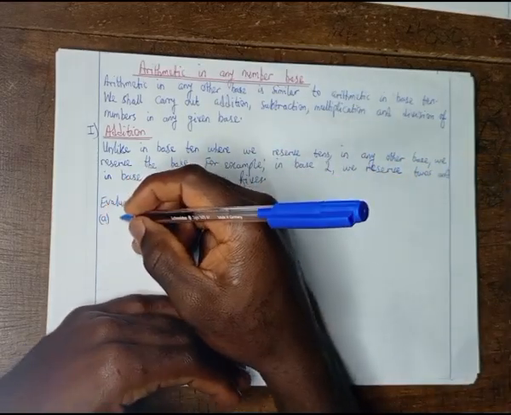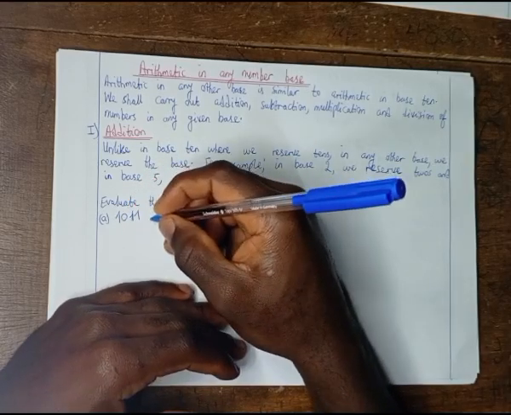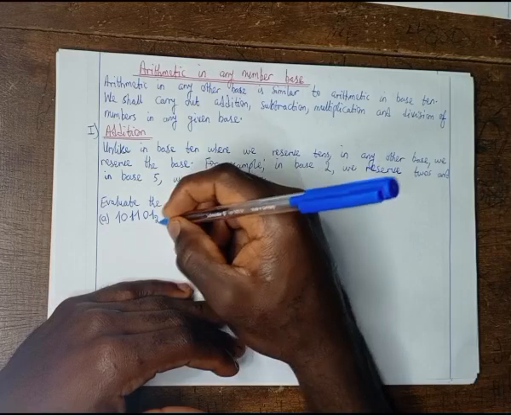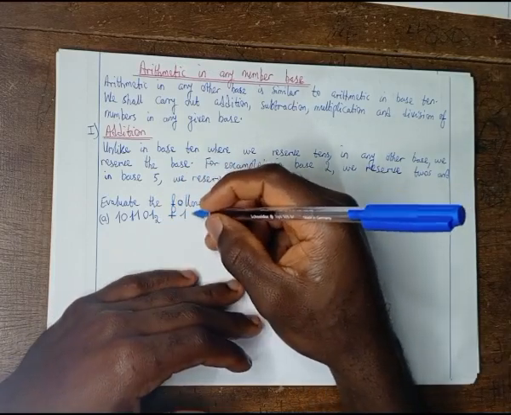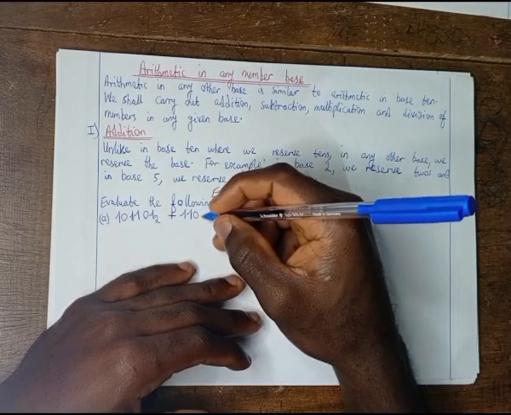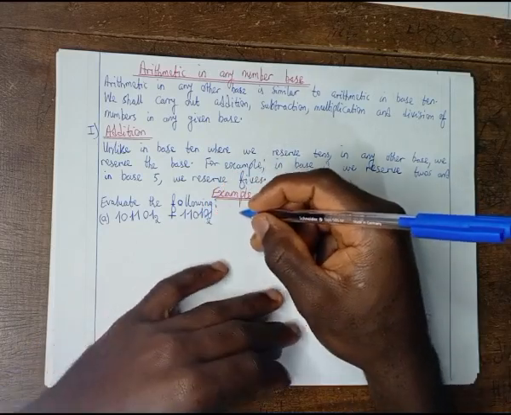A, we have 101101 in base 2 plus 11010 in base 2.